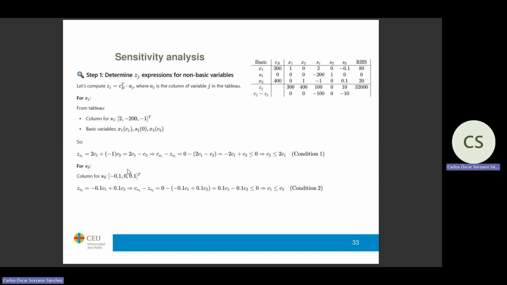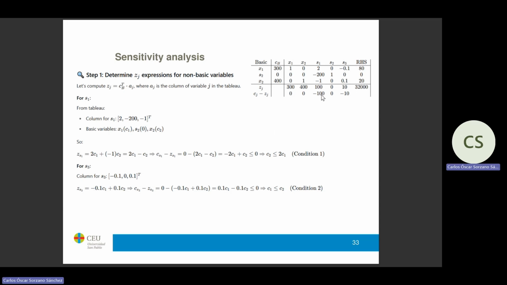So we have to compute Z. We have this C times this column. So in general, this was C1, C2. Now we forget that we have 300 and 400, and we put in general C1 and C2. So what we have is 2C1 minus C2, and that will be our result. Okay? So 2C1 minus C2.